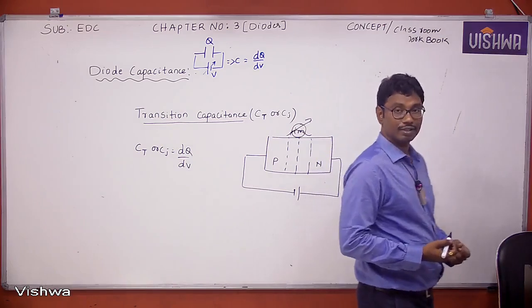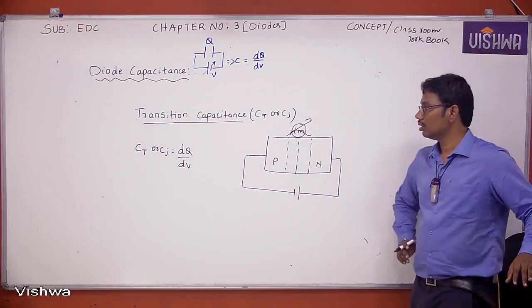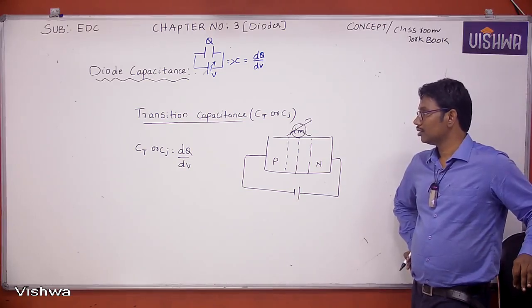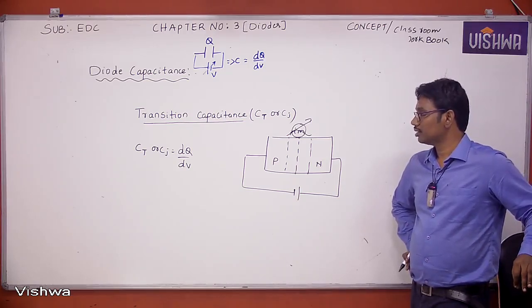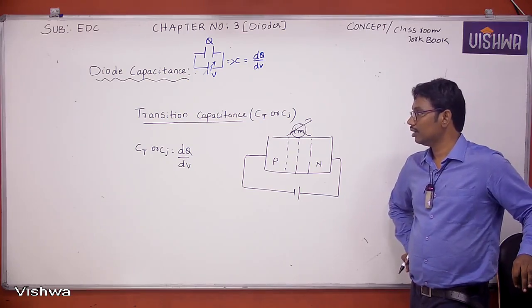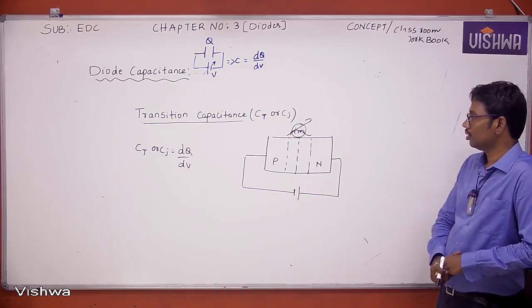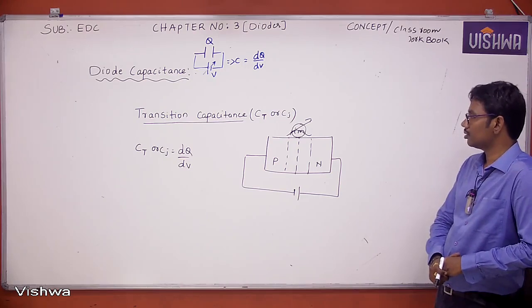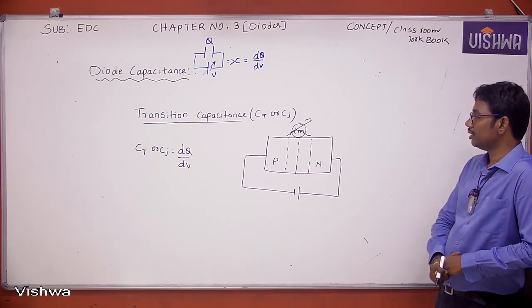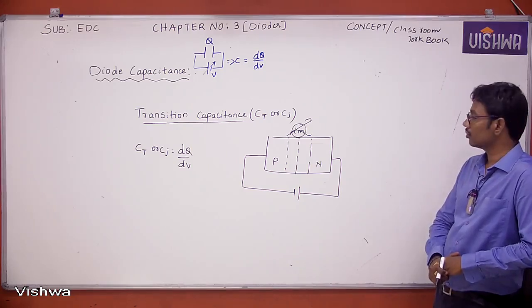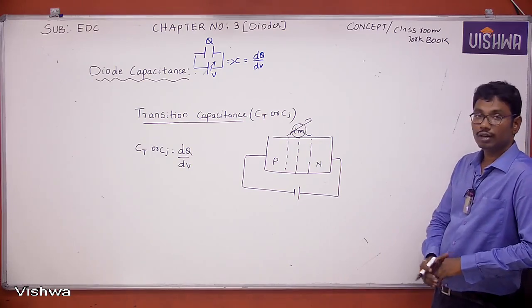When the diode is in reverse bias, it exhibits transition capacitance or junction capacitance. Next point.